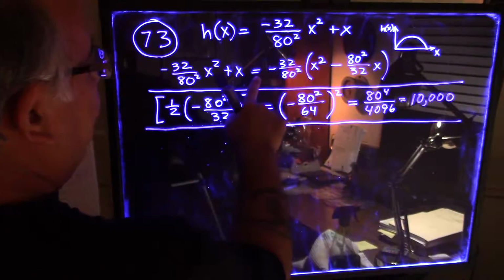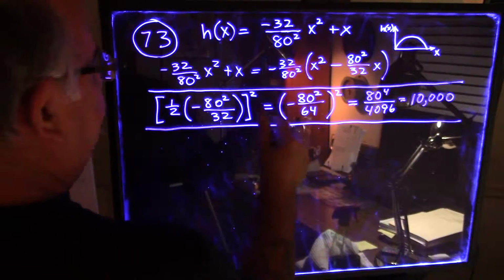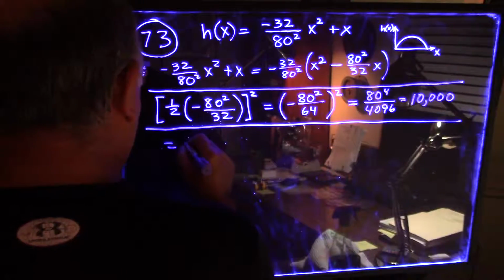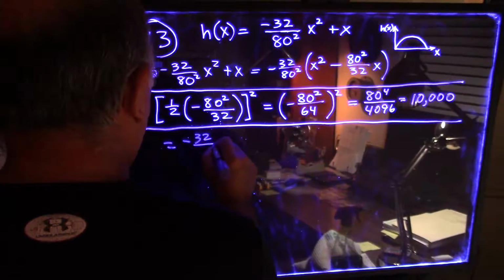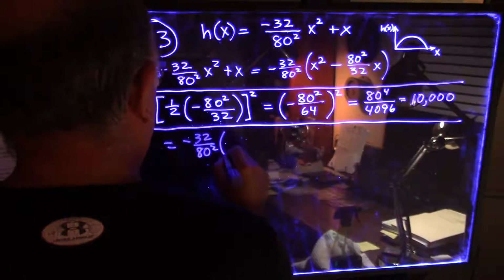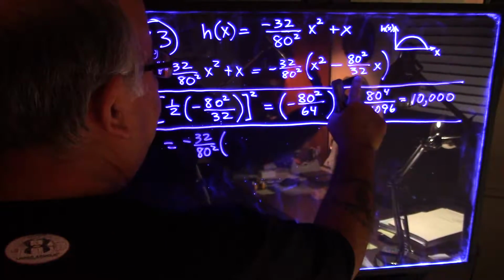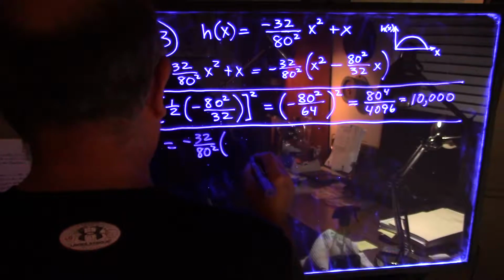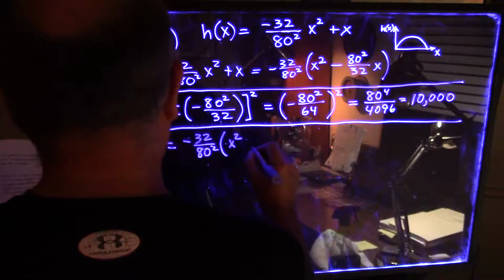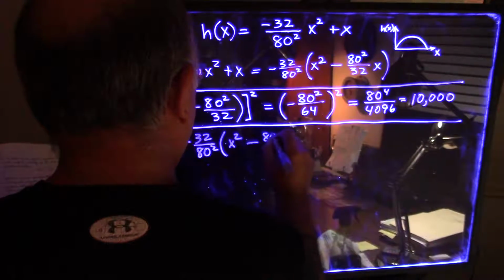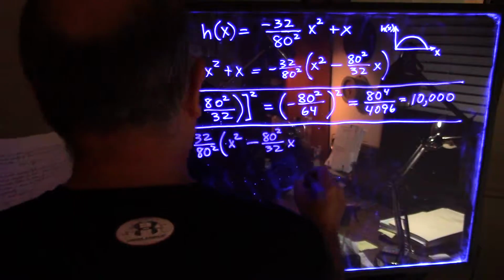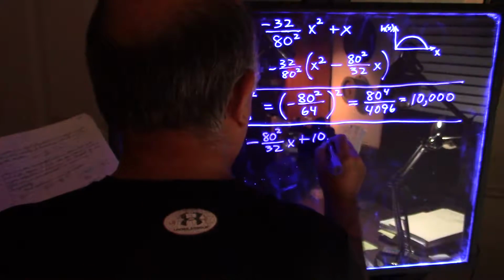I'm just going to carry on from the right of the equal sign here. So it equals negative 32 over 80 squared, and then we've got all of this, and then you add and subtract 10,000. So you've got x squared minus 80 squared over 32 x plus 10,000 minus 10,000.